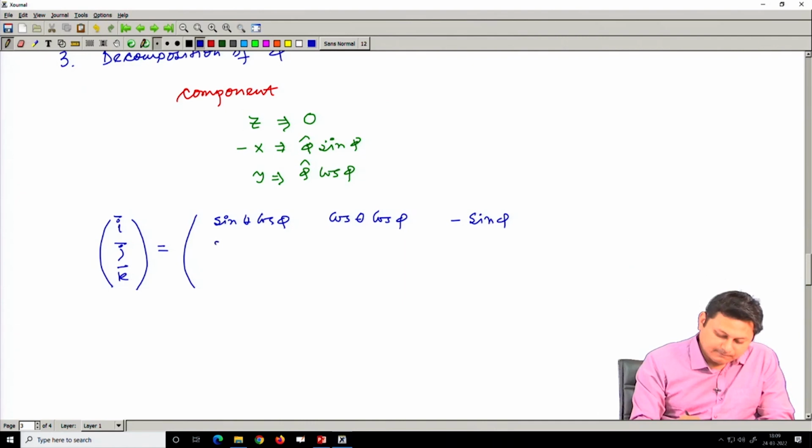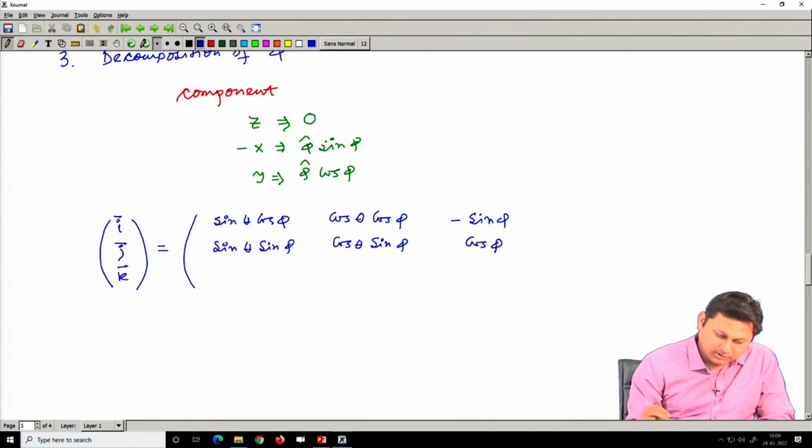What about the y component? Similarly, sin theta sin phi, then cos theta sin phi, and then cos phi.